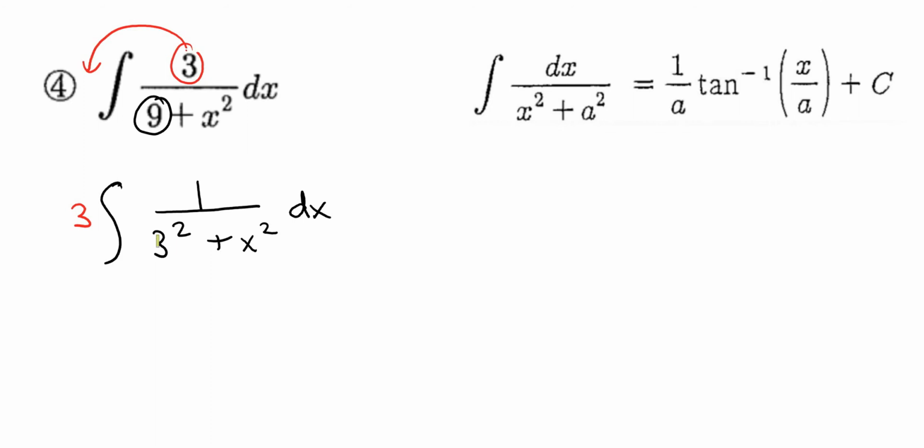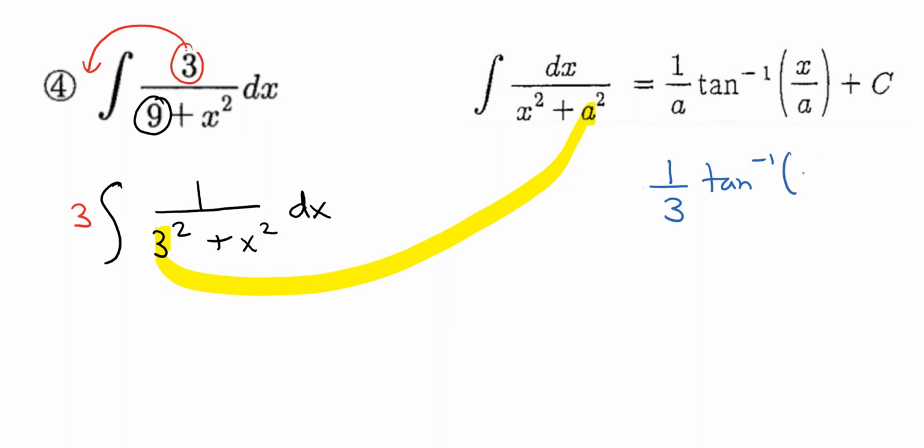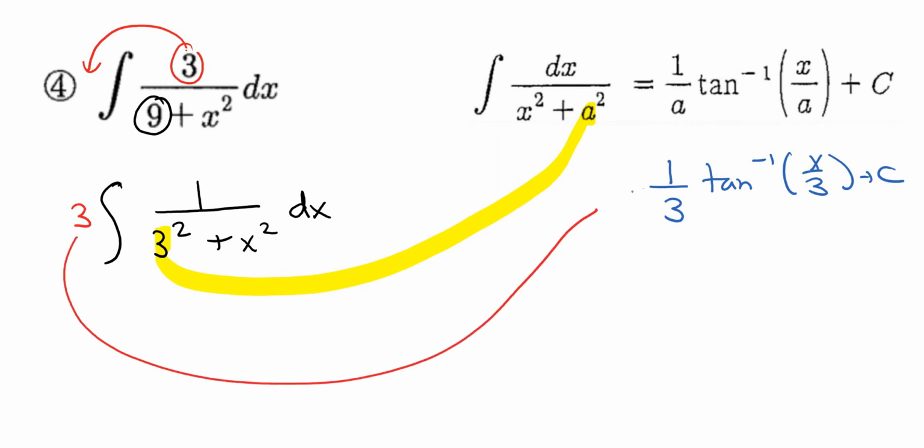Okay, and then lining up this 3 with this a value there, I can write this as 1 over a, so that's going to be 1 over 3 inverse of tan, x over 3, plus c. And then we still have this 3 that's tagging along over here. So the 3 and the 1/3 can just cancel off. So your final answer will be inverse of tan, x over 3, and then plus c. And that should do it for that question there.